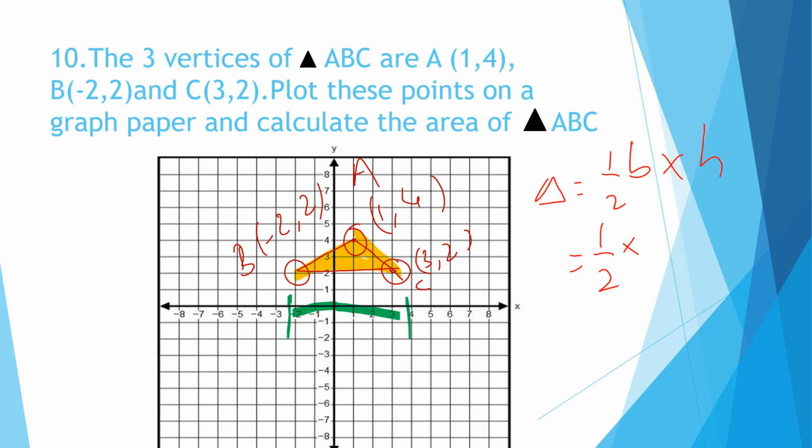So the total distance is 5 units. So base is your 5 units and the height, if you carefully look, is your 2 units. So the correct answer is 5 square units.